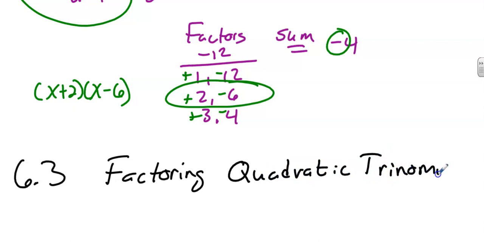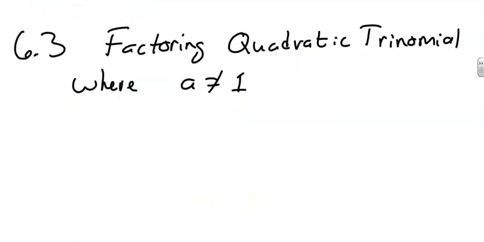So we'll say that it's a trinomial, but it's also quadratic: ax squared plus bx plus c, where the a value is not equal to 1. And again, when we talk about a quadratic, that's ax squared plus bx plus c.